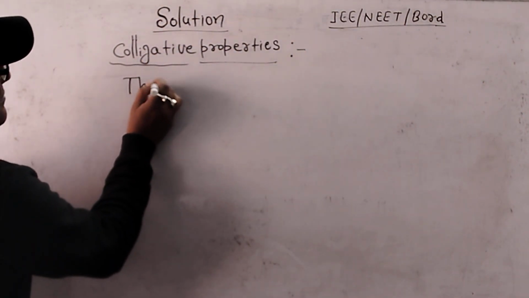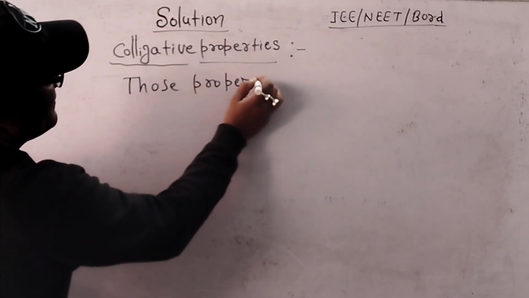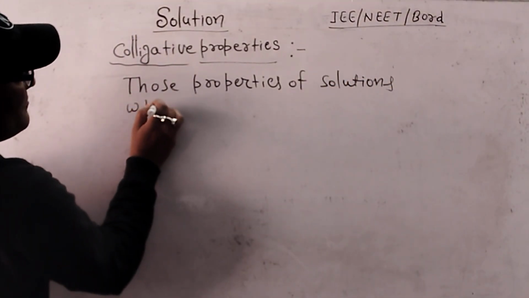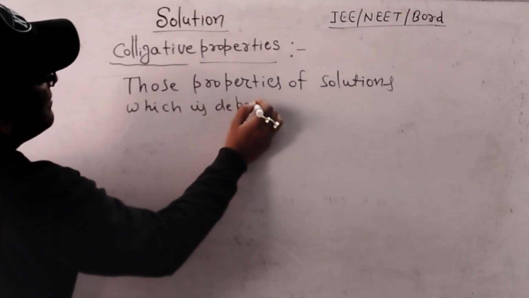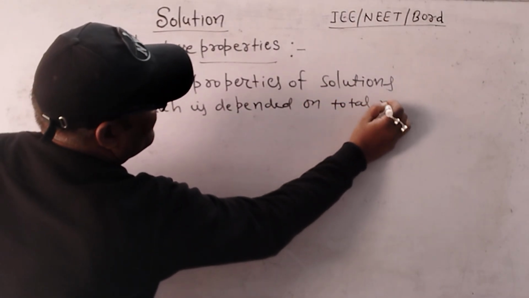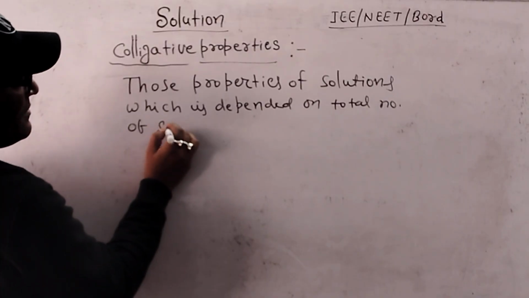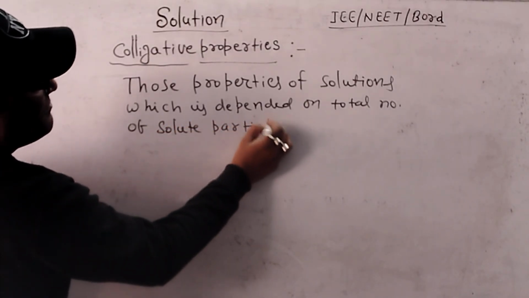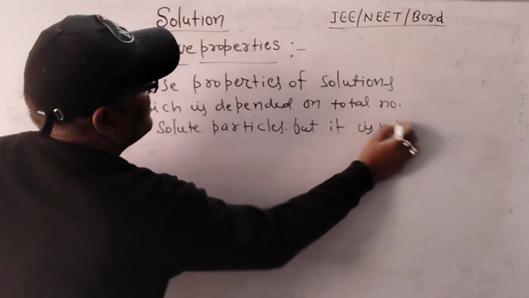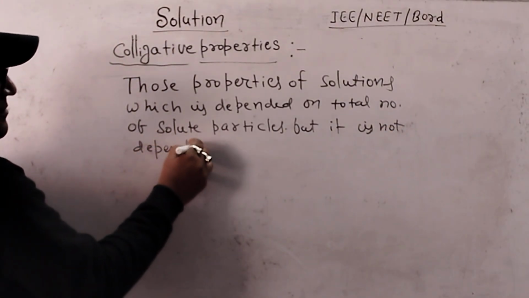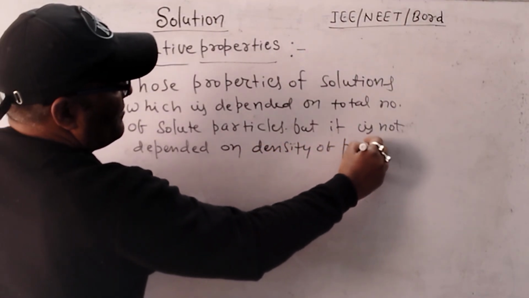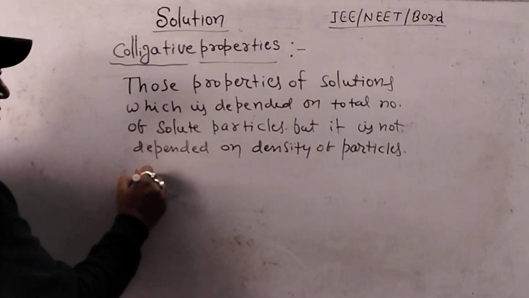Colligative properties are those properties of solutions which depend on the total number of solute particles, but are not dependent on the density of particles.